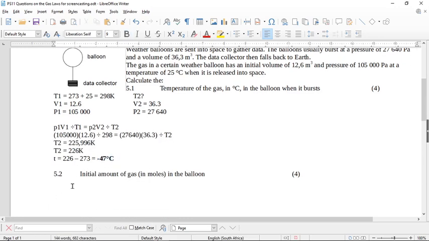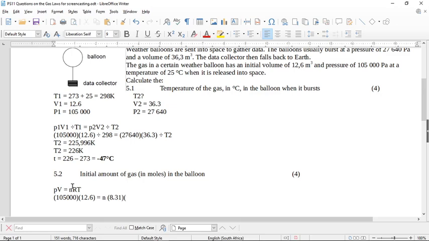Okay, so here PV equals nRT. The P here, our units are correct as well for this formula. We're in pascals, and the volumes in cubic meters, and we converted the temperature in degrees C to Kelvin.